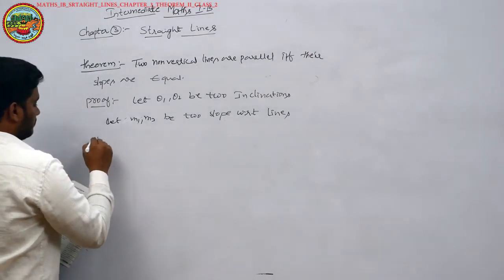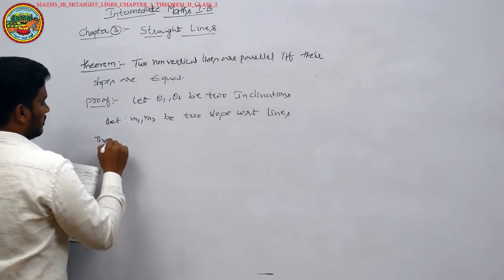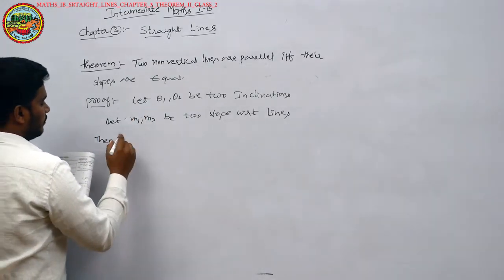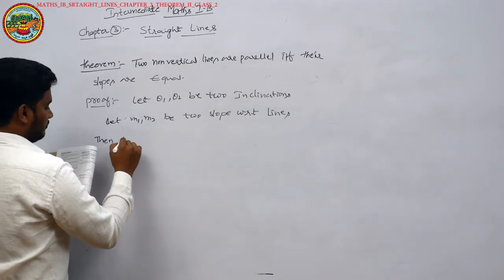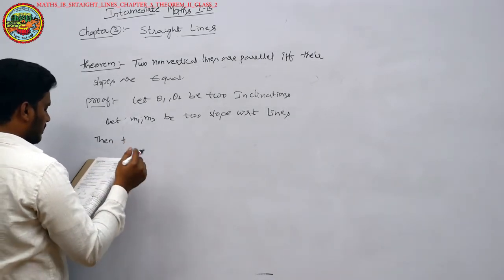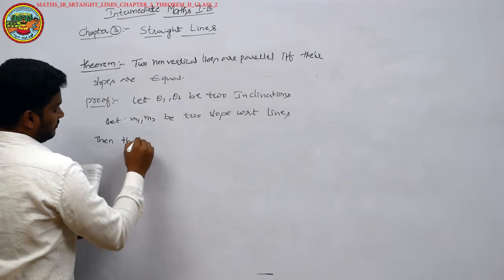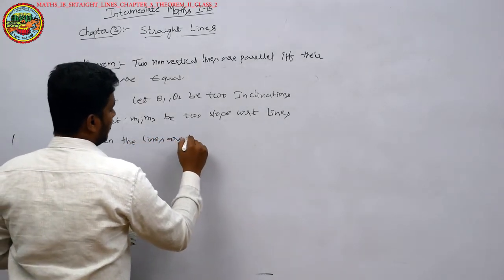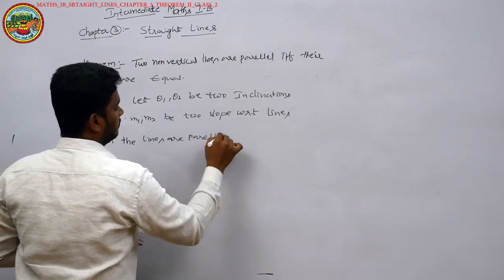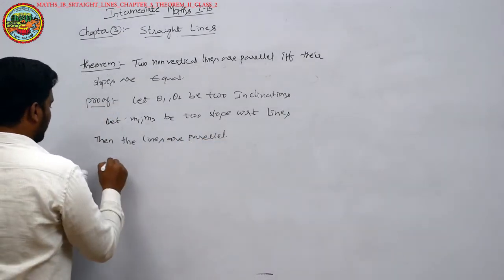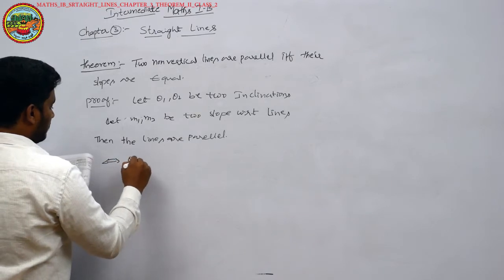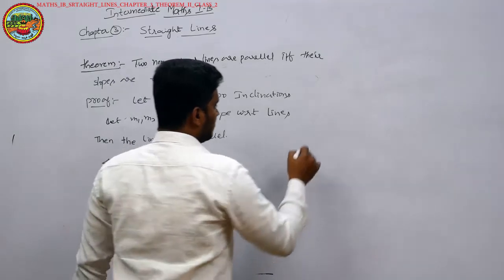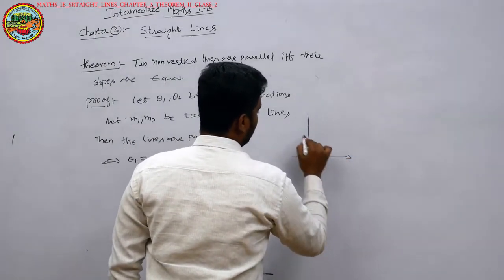So two non-vertical lines are parallel if and only if theta 1 is equal to theta 2, because for two parallel lines, their angles are equal.